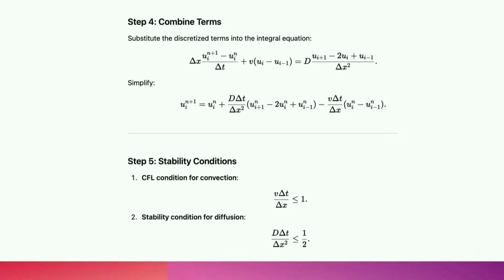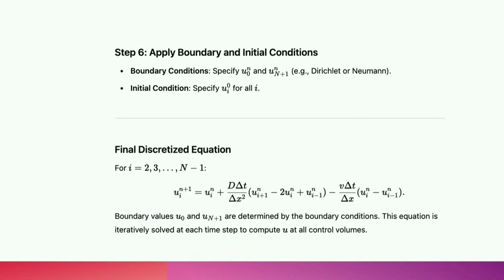It must be less than or equal to 1. You have to calculate beforehand, otherwise your solution will diverge. Now, the stability condition for diffusion is this one, we got it before. So, now again we apply the boundary condition, the similar things we can apply, as this is the final form of the discretization equation.